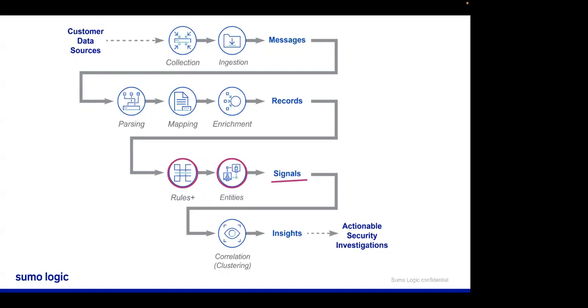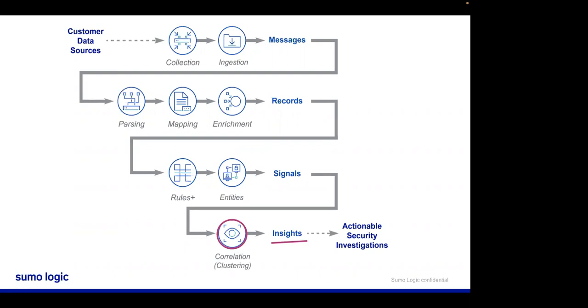Now, this is typically where a lot of SIEM products end, right here. Our product does something else that's really kind of cool. Our product is going to look at those entities and those rules. Each of these rules, by the way, has a score, has a value, based on how serious the rule is, the higher the score. I'm going to correlate all the like rules based on entity.